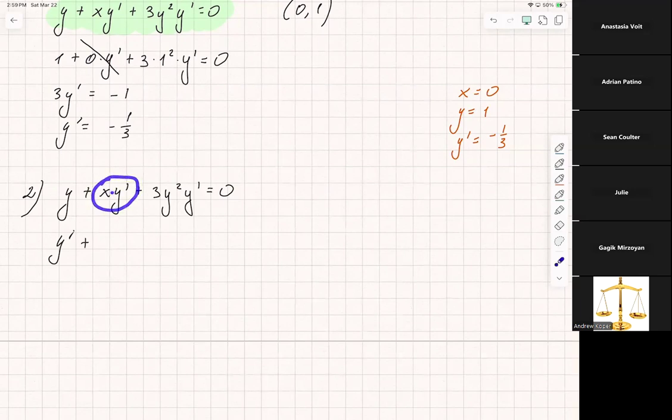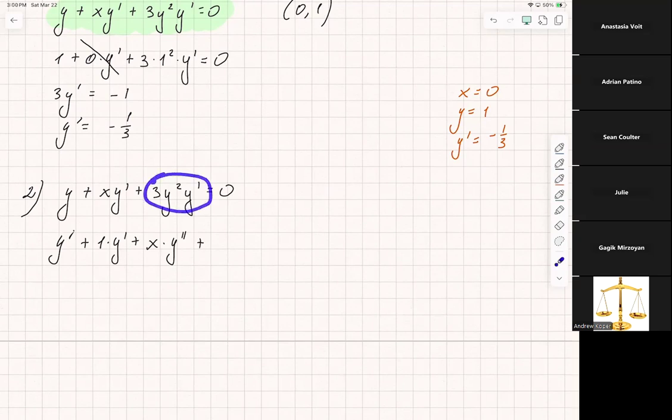x times y prime. That is our regular product rule. So we take the derivative of x, which is 1, times y prime, plus x times the derivative of y prime, which is y double prime, right? So whenever we take the derivative of the first derivative, that's going to be the second derivative.